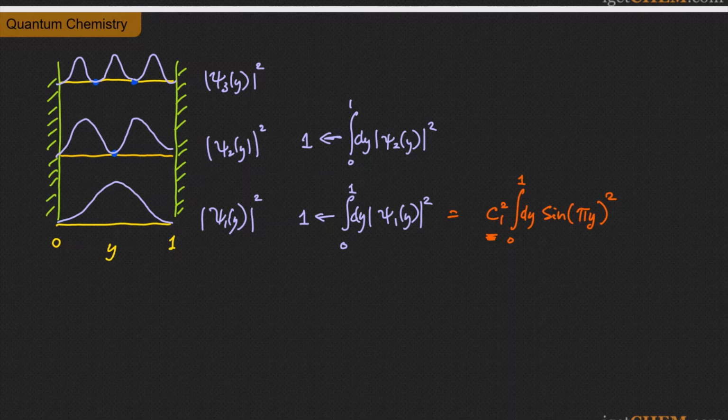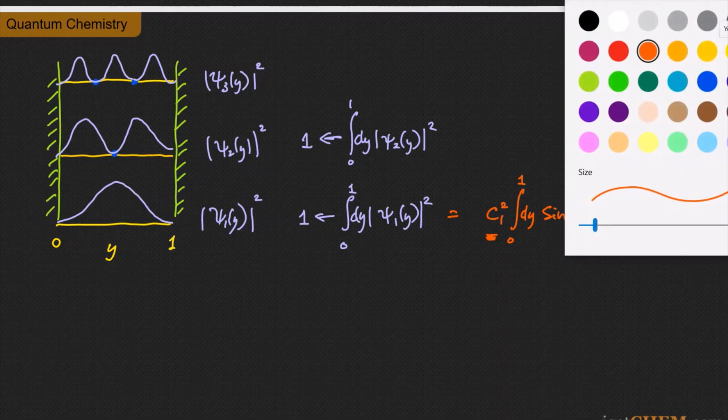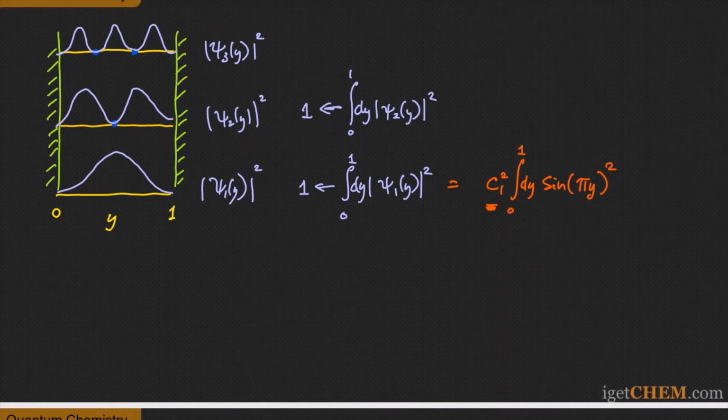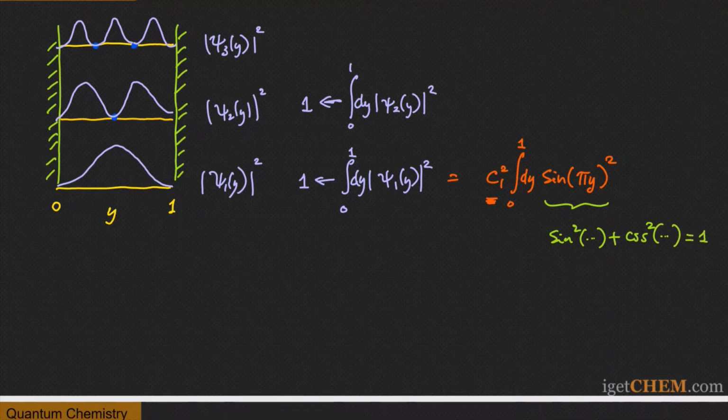I'm going to do it a lazy way, or a slightly different way, to try to illustrate a useful technique. I know, for example, sine squared of anything plus cosine squared of the same argument must be equal to 1.